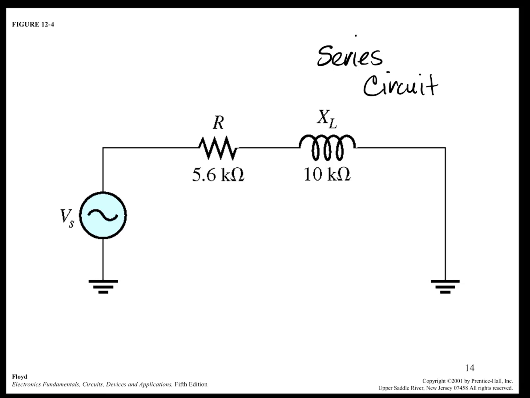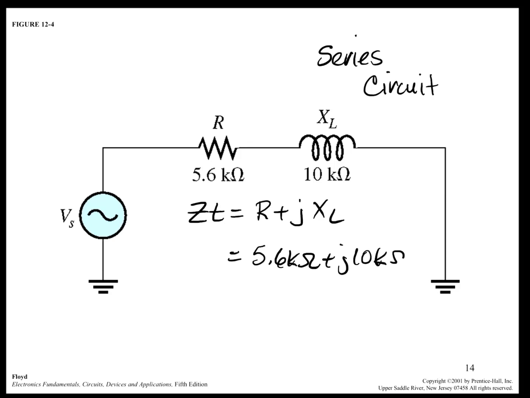If these two components were in parallel, we couldn't approach it the same way. But because they're in series, and we simply add the values together to determine the total opposition, we can simply say in this example, Z total is going to equal our R value plus a J value of XL. So therefore, in this case, it could be written as 5.6 k ohms plus J 10 k ohms, right? That's going to tell us our total impedance.